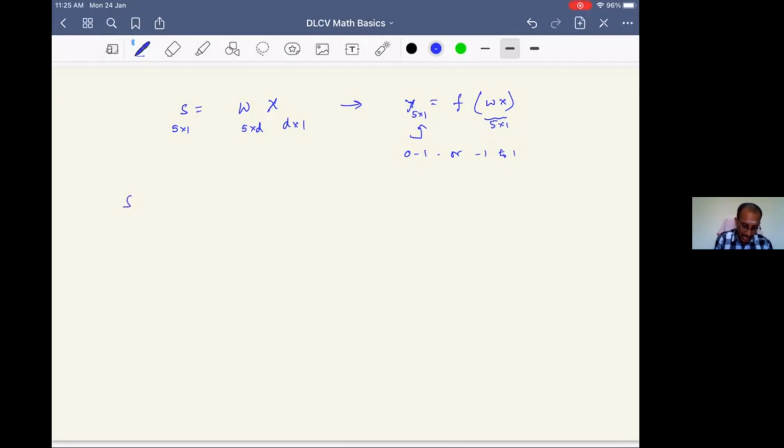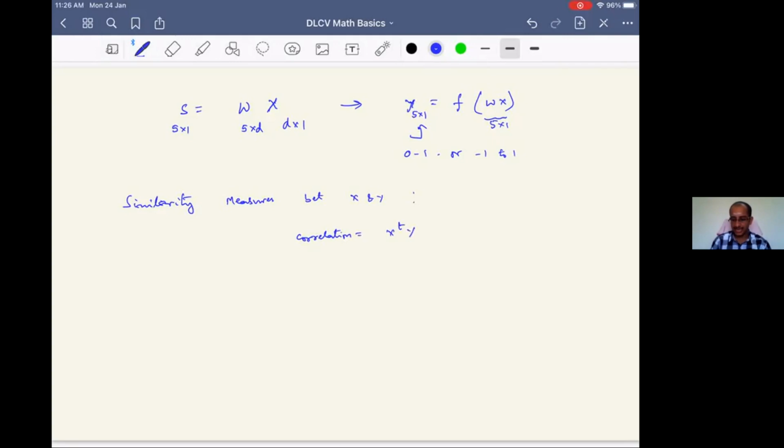Just quickly tell the similarity and dissimilarity measures between x and y. When x and y are vectors, how do we define similarity?